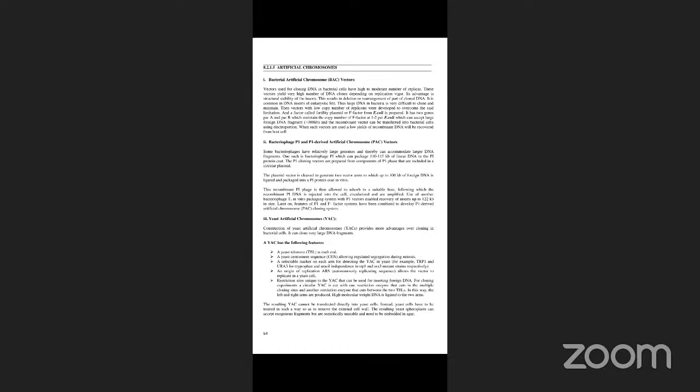Then yeast artificial chromosomes. Very large DNA fragments can be cloned using a yeast artificial chromosome. It has yeast telomere genes, then a centromere sequence, then a marker, which is TRP1 or URA3, for detecting the clones. Then the autonomously replicating sequence, called ARS or origin of replication.